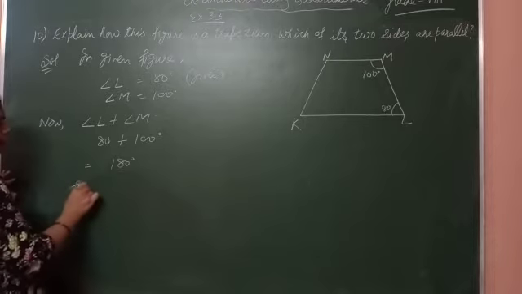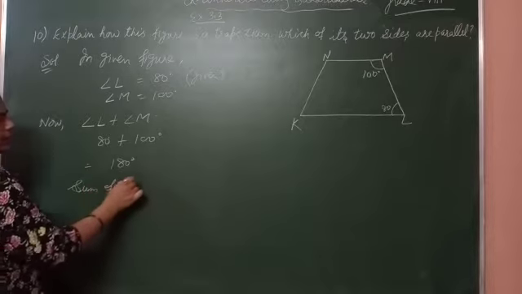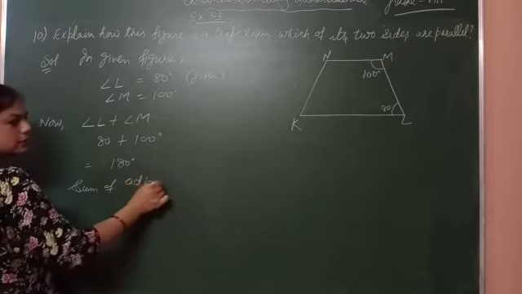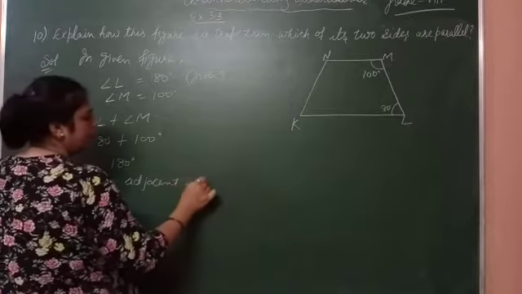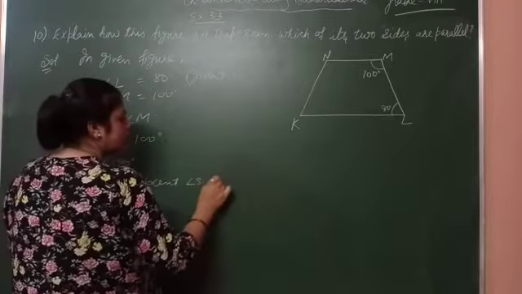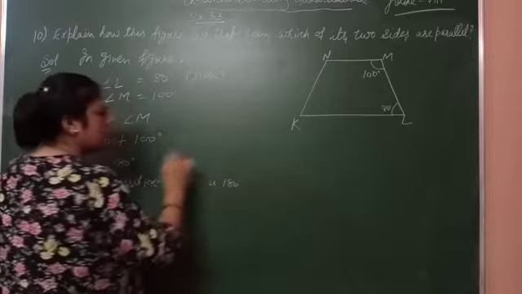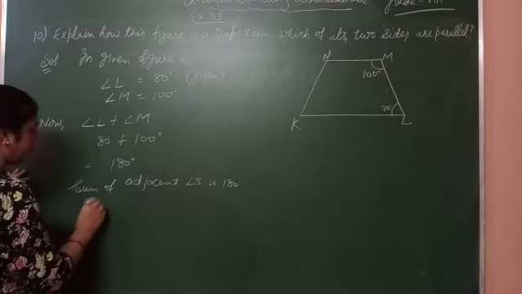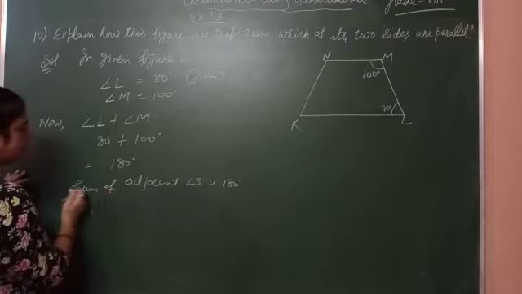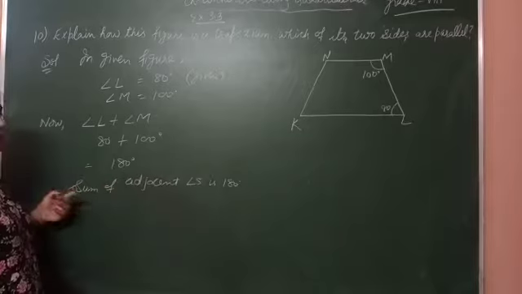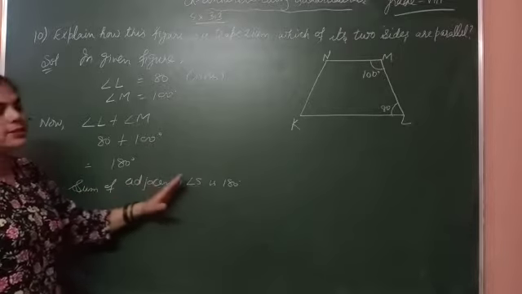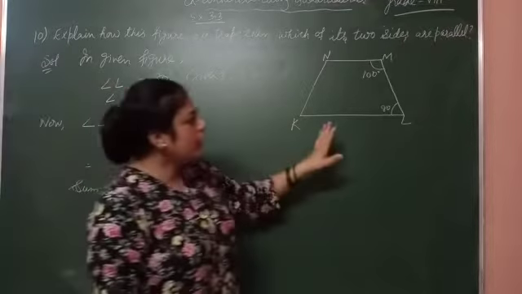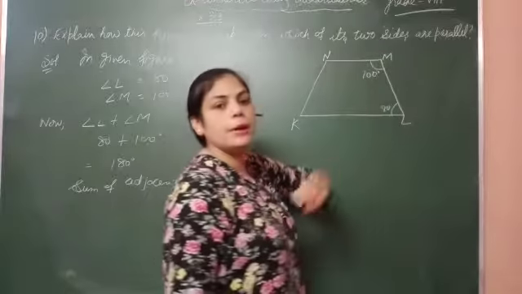Sum of adjacent angles is 180 degree. Sum of adjacent angles क्या आ गया? 180 degree आ गया. So that means if the sum of adjacent angles is 180 degree, this pair is parallel.